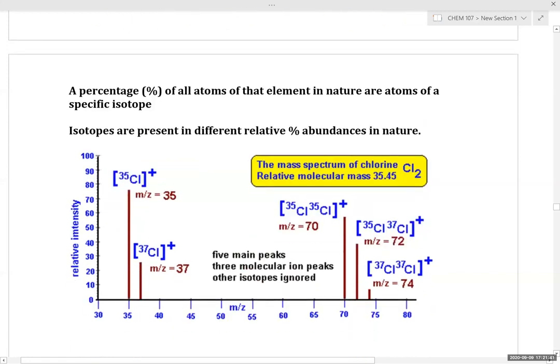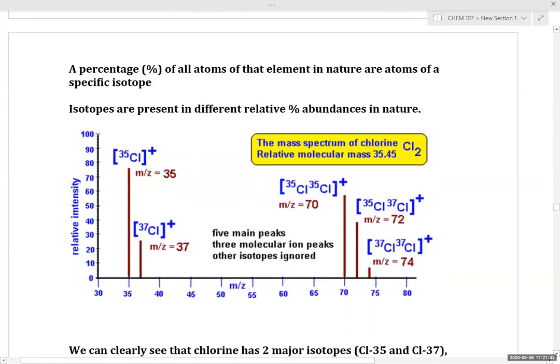Now, we can even calculate the percentage of all atoms of that element that are a specific isotope. And the key thing I want you to know from this discussion is that isotopes are present in different relative percent abundances in nature.